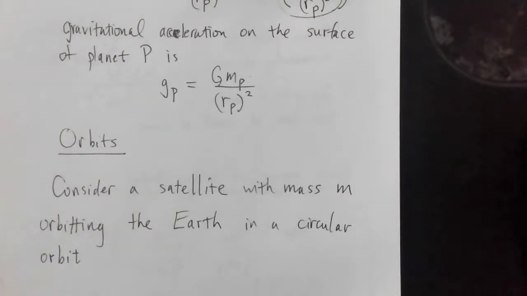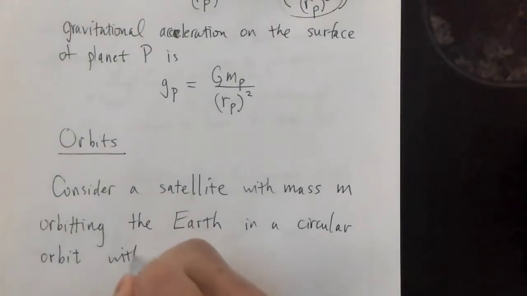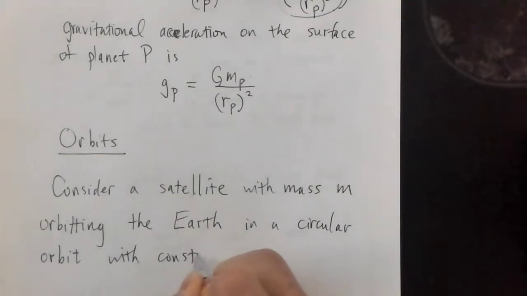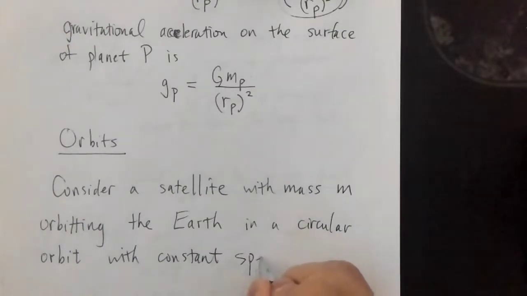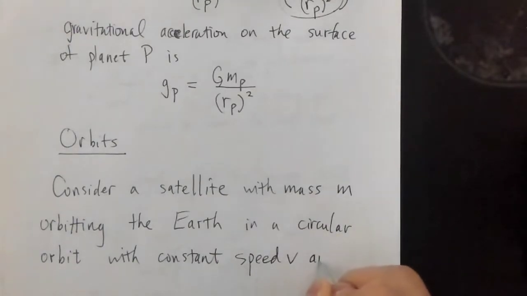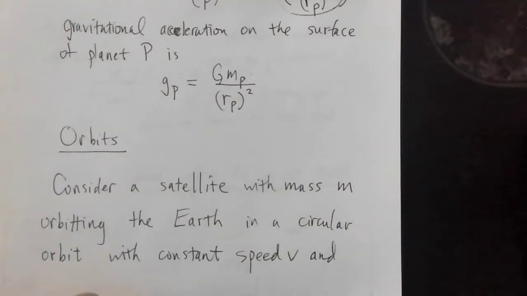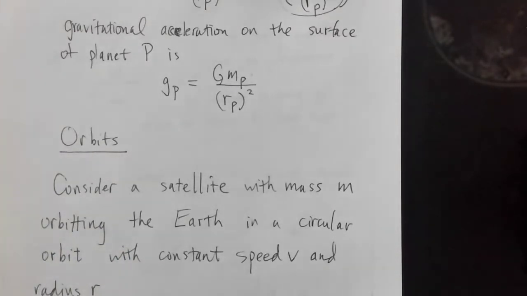Okay, with constant speed v and radius r. Now we're going to only consider circular orbits for the moment, but I should mention that in general you can have more elongated orbits.